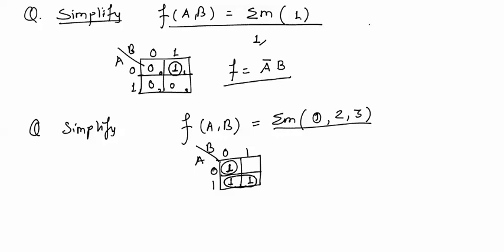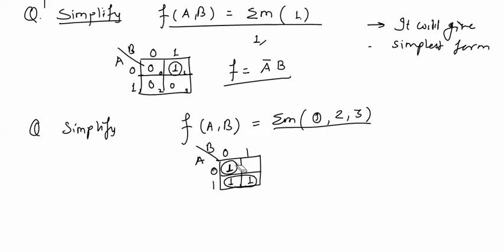But K map has a definition that it will give the simplest form which cannot be simplified further. So for this we cannot make this single because we have another one adjacent to that one.